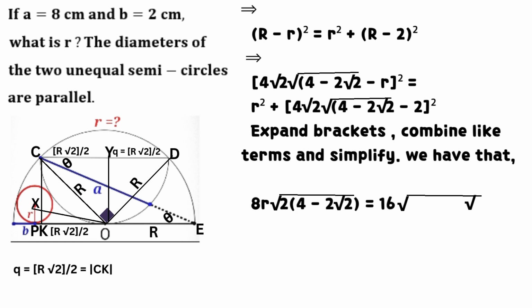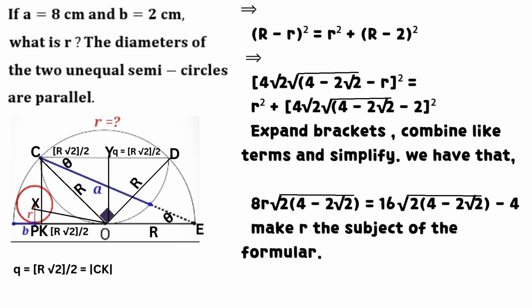Expand brackets, combine like terms and simplify. We have that the product of 8 times small r and the square root of 2 times 4 minus 2 times the square root of 2 equals the product of 16 and the square root of 2 times 4 minus 2 times the square root of 2 minus 4. Make small r the subject of the formula.